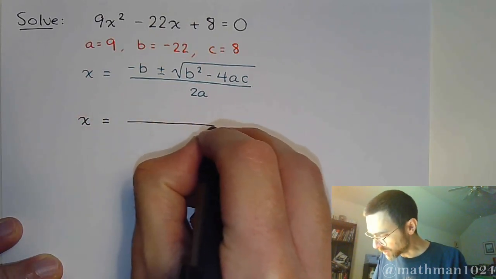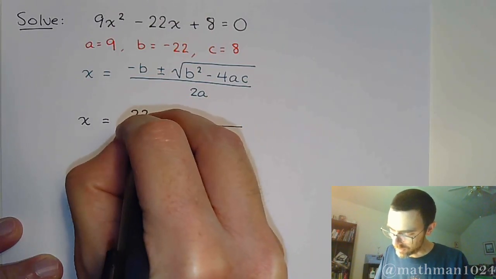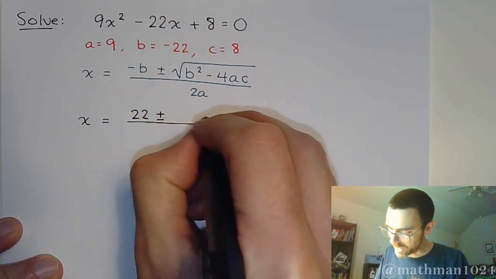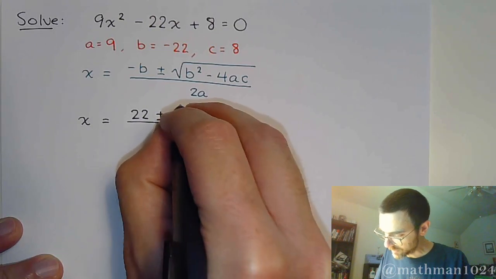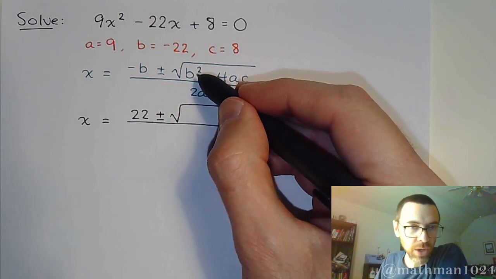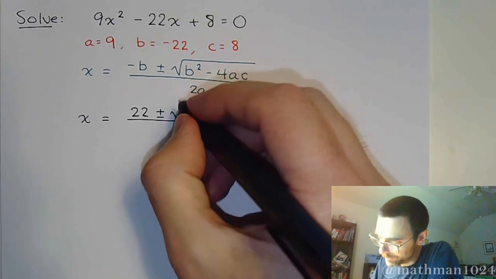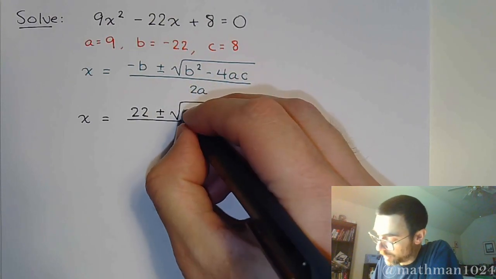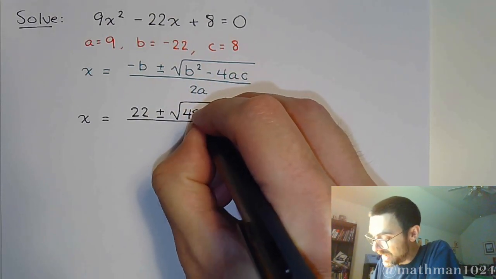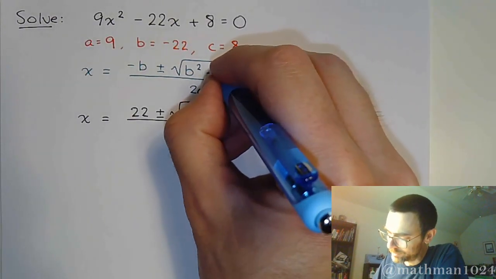So x equals, here's our big fraction, negative b is going to be positive 22 plus or minus, all right, b squared. I'm sure that you guys all know that when you square 22, you get 484, right? Yeah. Well, you got a calculator anyway. So that's 484. Aren't you glad that you went for the quadratic formula?